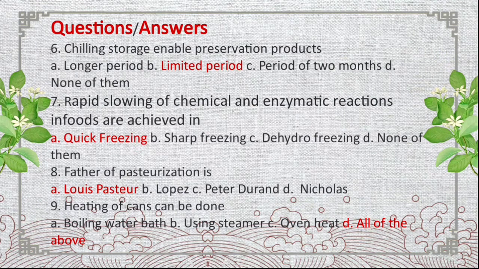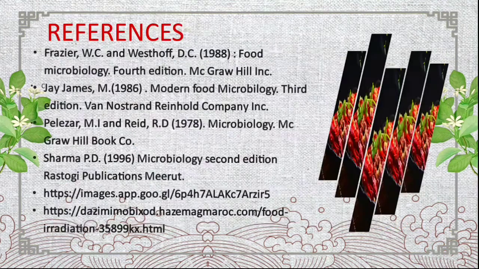Rapid slowing of chemical and enzymatic reactions in foods is achieved in quick freezing. The father of pasteurization is Louis Pasteur. Heating of cans can be done by boiling water bath, using steamer, or oven heat. The right answer is all of the above.